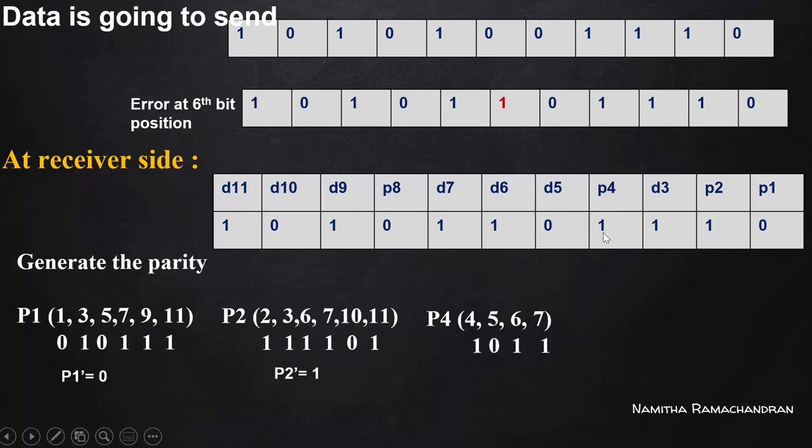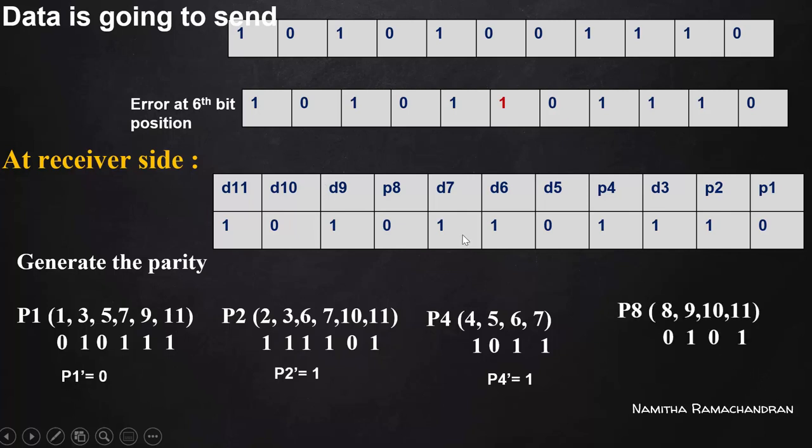For 4 we have value 1, here 0, here 1, 1. How many ones are present? 3 ones. That means an odd number. Again we need to set value 1. If it contains an odd number of ones, then set the value 1. If it contains an even number of ones, then set it with value 0.